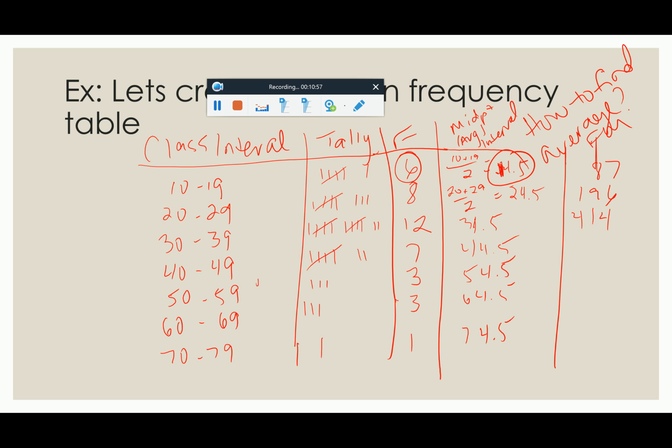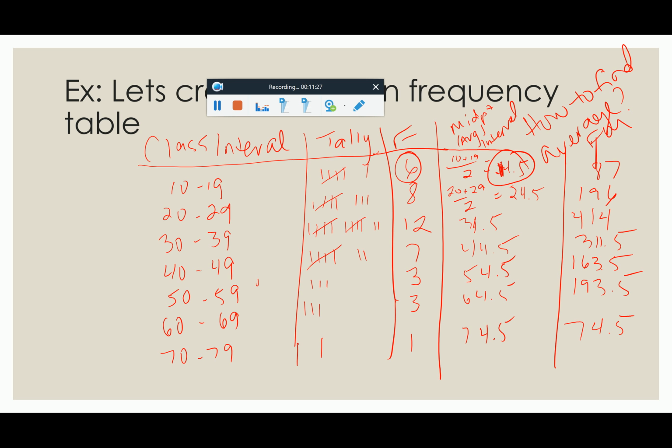And then 44.5 times 7 is 311.5. And then 3 times 54.5 is 163.5. 3 times 64.5 is 193.5. And then 1 times 74.5 is this.